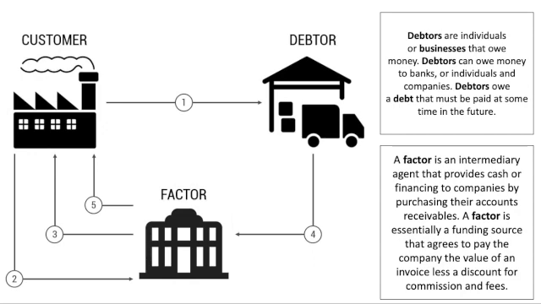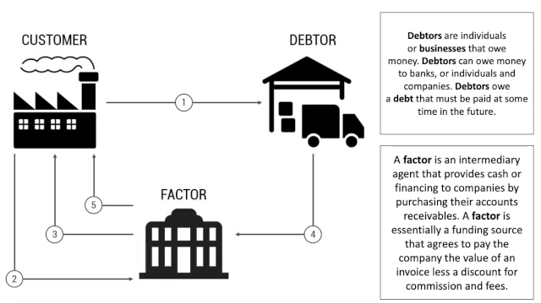So if, for example, you've got a company that is trying to chase those trade receivables, and they're struggling to actually get that debt from that company, they may just simply sell it to a factor. So a factor is essentially a funding source that agrees to pay the company the value of the invoice less a discount.